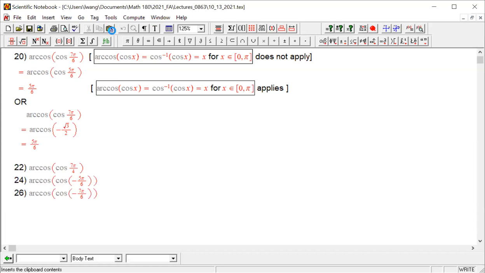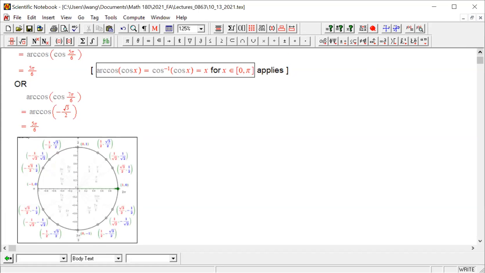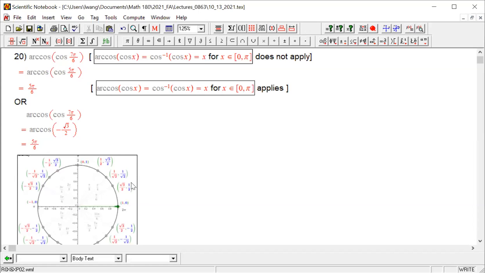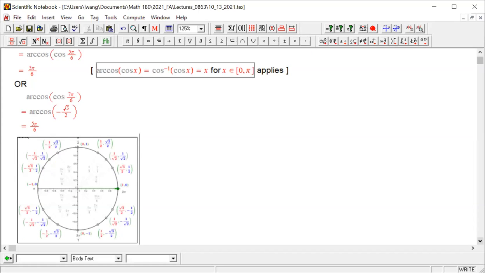Otherwise you can just use the general form, right? There are so many different ways to get to Rome. So this angle is 7 pi over 6, and there's another terminal which is 5 pi over 6.